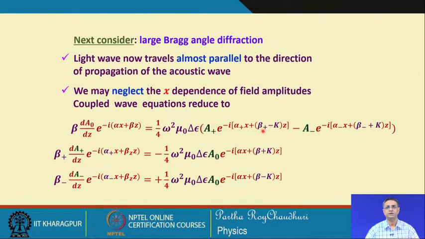Look at this equation, you have beta and this is your beta plus minus k. So, beta equal to beta plus minus k, because they are in the form of the exponential power here also. So, the coefficients must be equal. This and this must be equal, and similarly this and this must be equal.